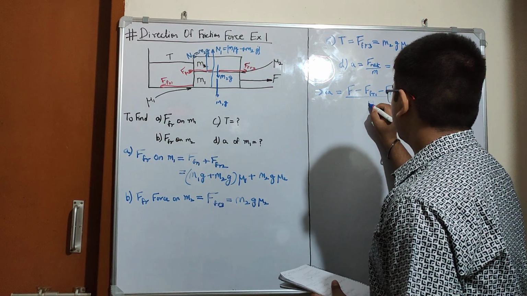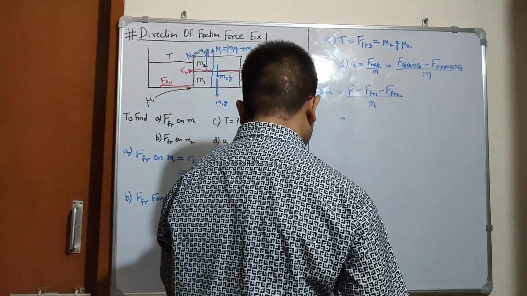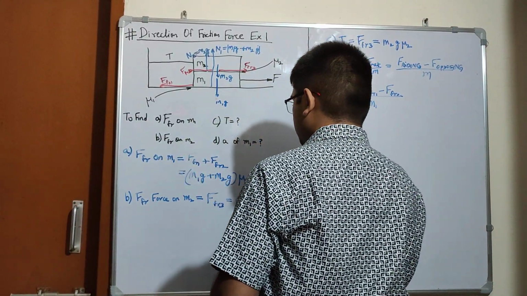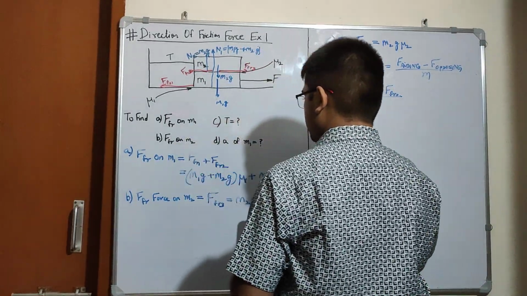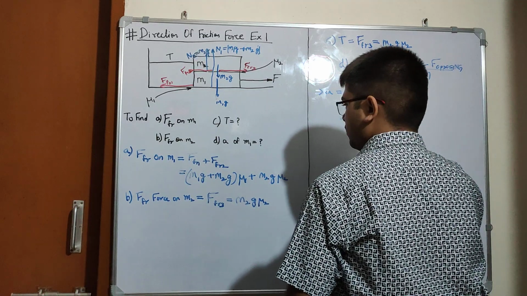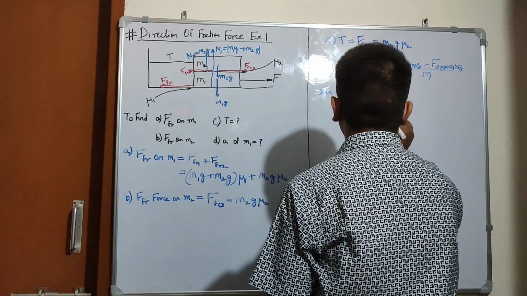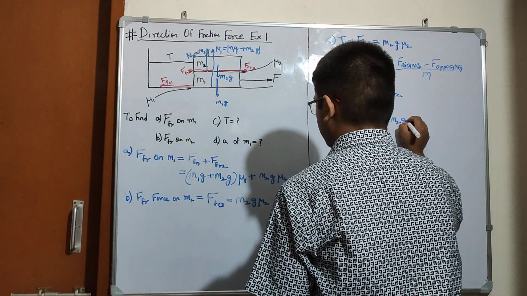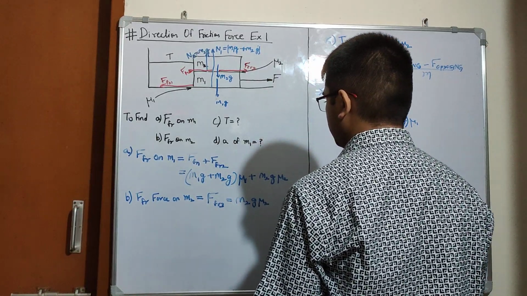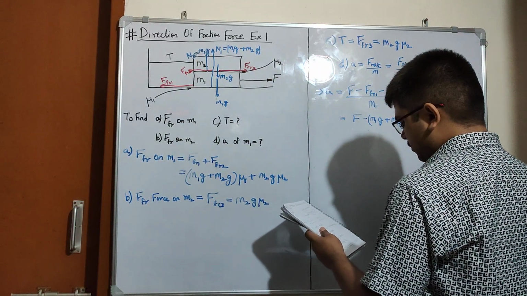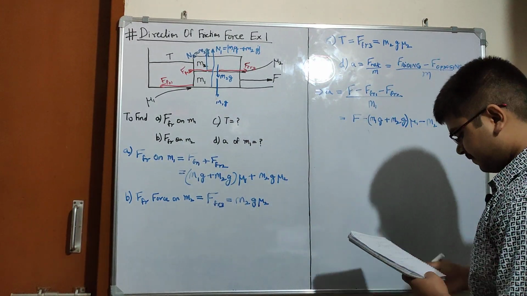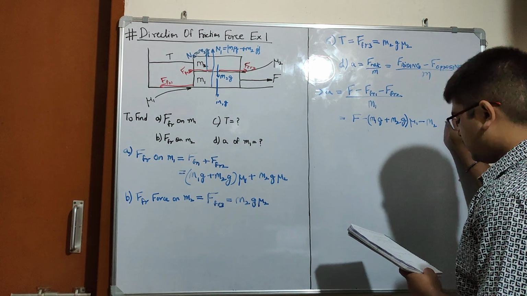By m1. So this will be equal to F minus friction force 1, which is (m1g plus m2g) times mu1, minus friction force 2, that would be equal to minus m2g nu 2 Newton.